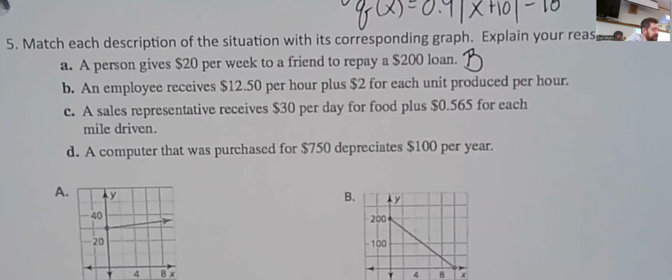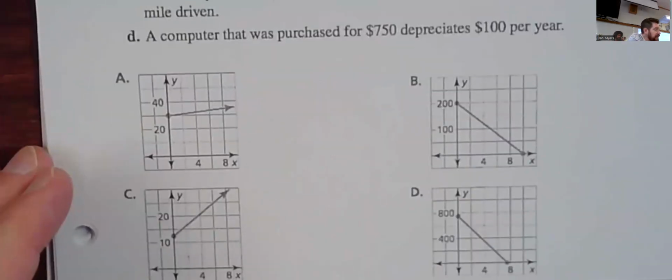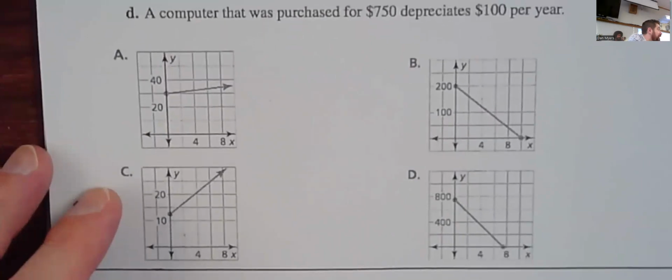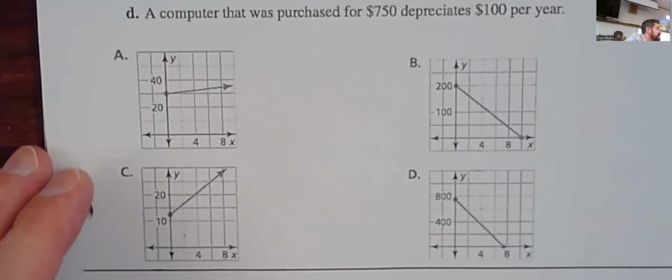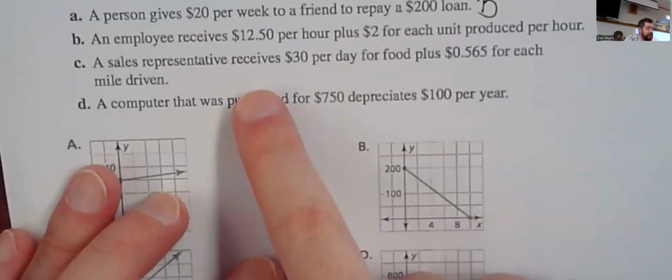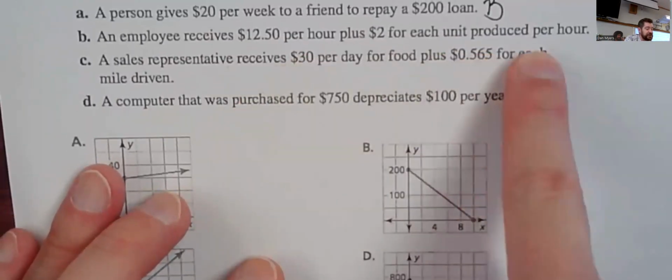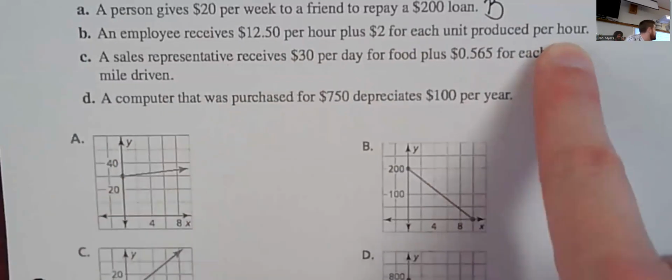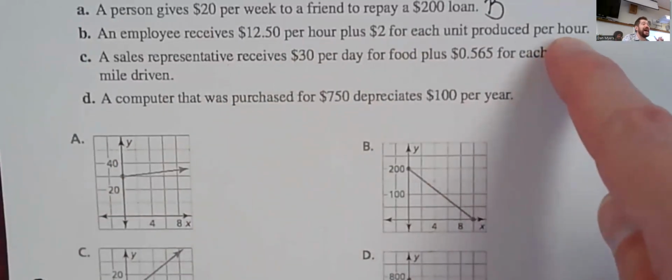So basically, we're talking about money that you could potentially earn in 1 hour. This is not multiple hours of work. This is employee per hour plus each unit, $2 for each unit produced per hour. So this is potential earnings in a single hour.